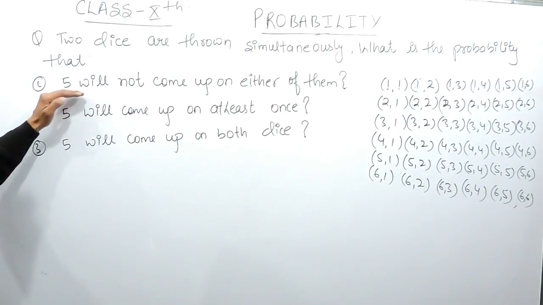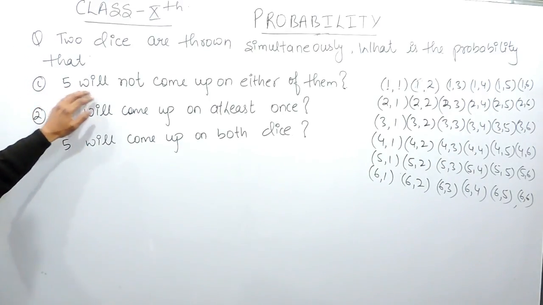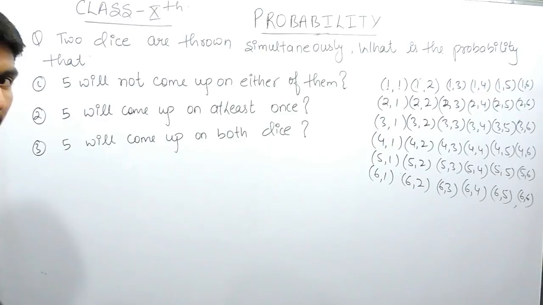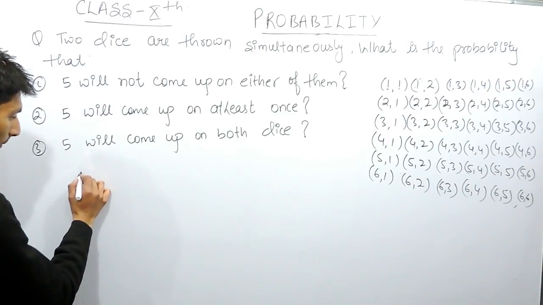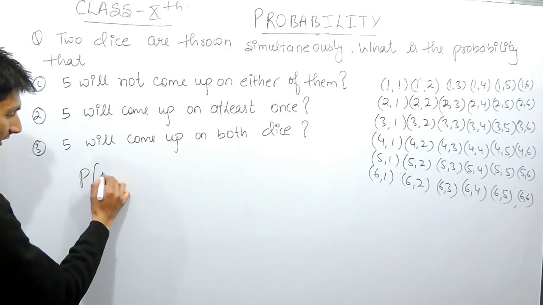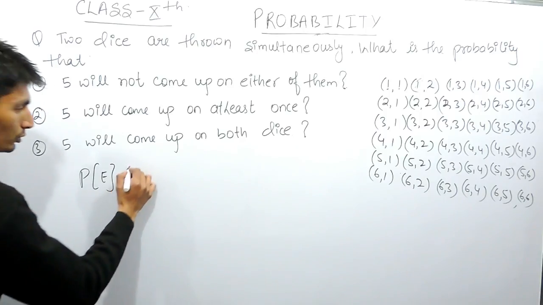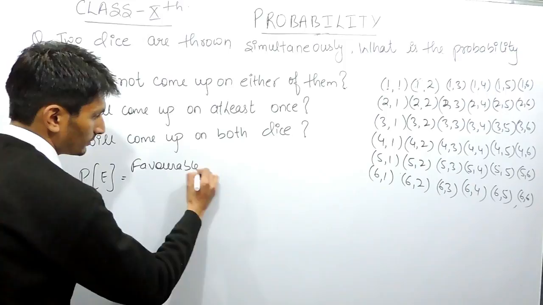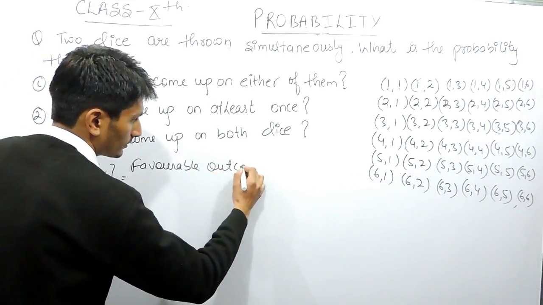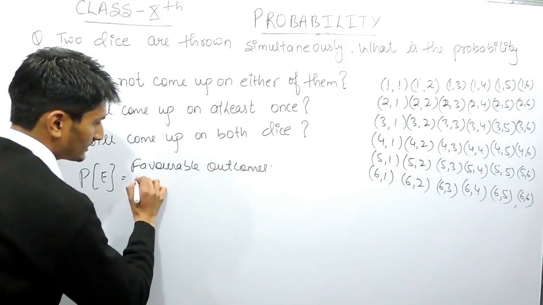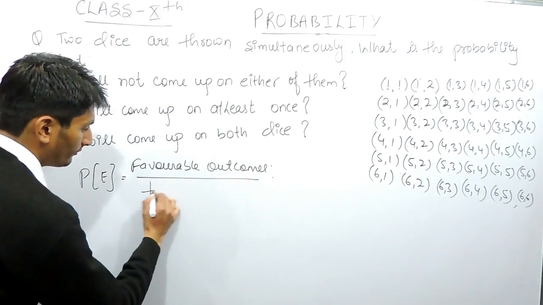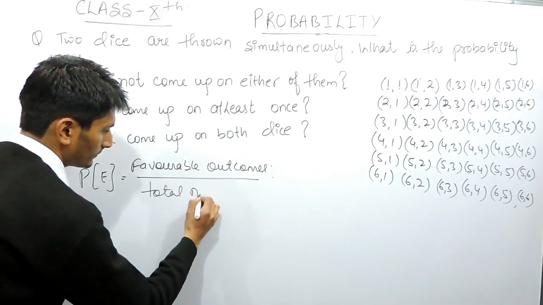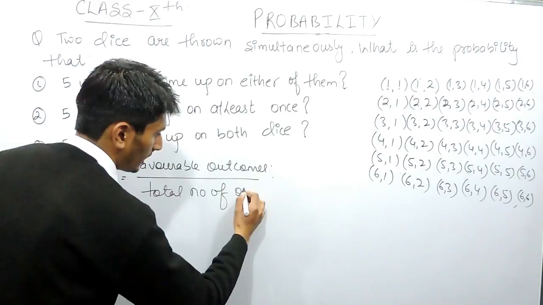Now, you need to find the probability when 5 will not come up on either of them. The probability of any event is equal to the number of favorable outcomes divided by the total number of outcomes.